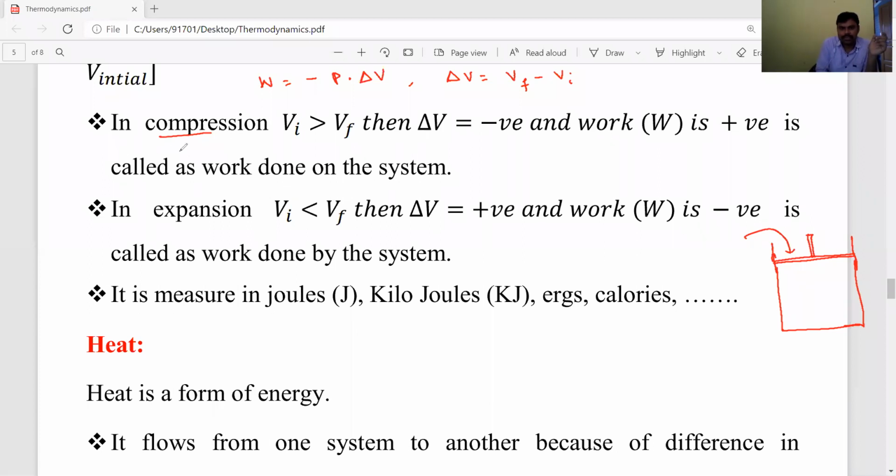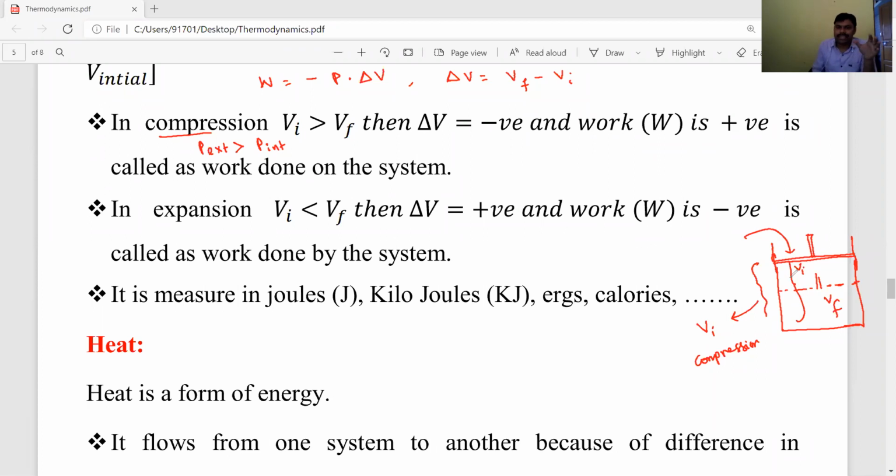So in this compression process, the external pressure is more than the internal pressure. This is the initial volume Vi. Now during the compression, what happens? The piston will move, and it will come like this. This is the final volume. This is the initial volume, and this is the final volume.